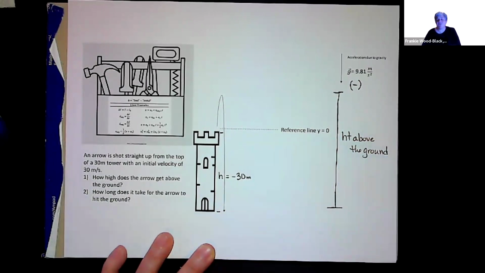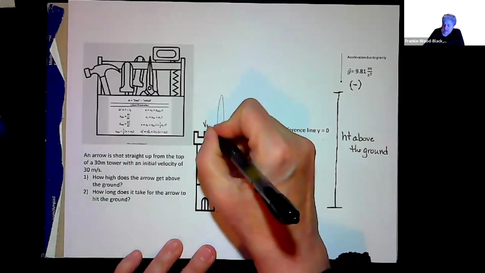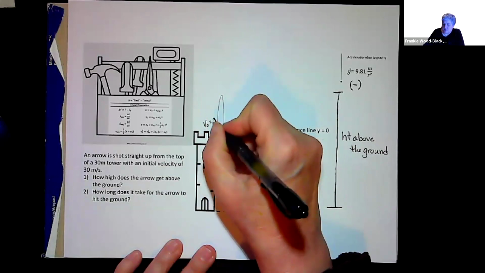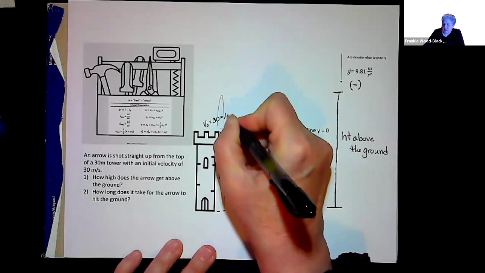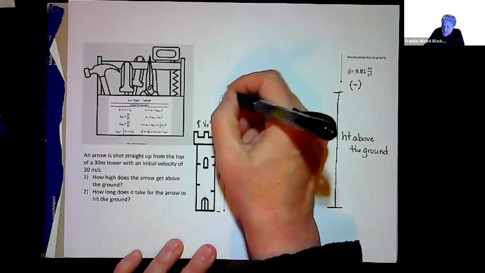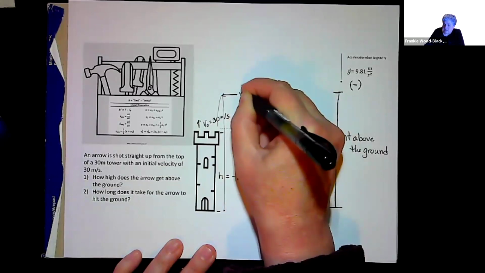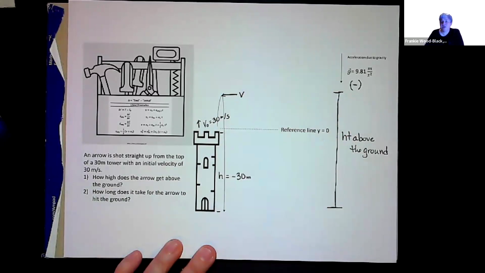Now, there's also some other information that we know that it's not necessarily telling us as clearly as that, because vectors have direction and magnitude. We know my initial velocity, because it told us that, is 30 meters per second, and it's going up. But when we get to this top point, this point right here, the velocity is changing direction.